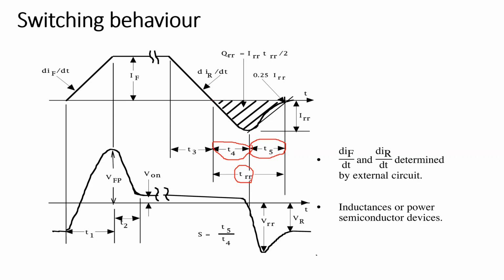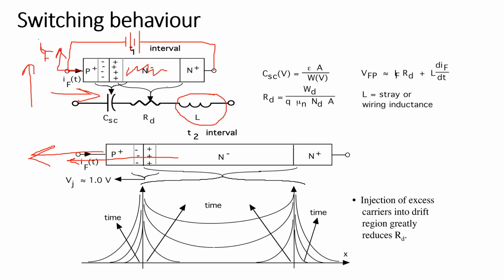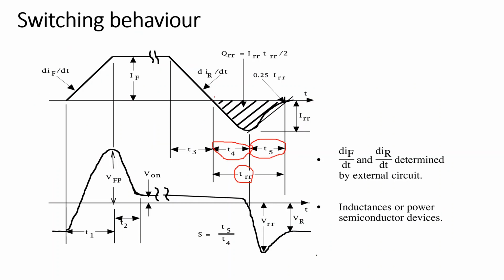Because we are sweeping out all the charges and we are trying to recover the depletion region to its reverse bias state again. So this is TRR, so we can see that this is a triangle with TRR base and IRR height. So the area under the curve must be the charge swept out by the negative current. So the total charge will be half base into height, which is IRR TRR by 2. Okay, so this is the reverse recovery charge.